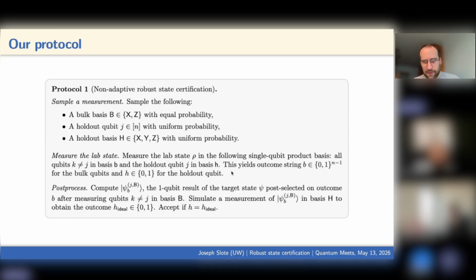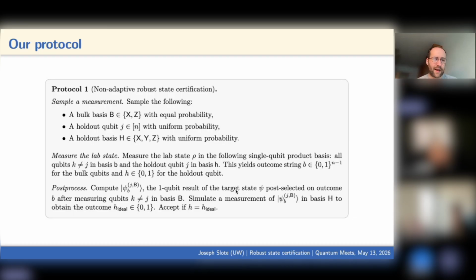And then we get some outcome string, which is B for what I'm calling bulk, which is probably not a helpful name here, and H for the holdout qubit. And this post-processing is roughly what's happening. The actual statistic that we use is a little bit more complicated than this, so think of this post-processing step as vaguely what's happening.